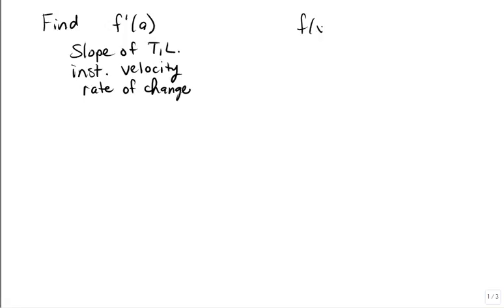Okay, so let's do a specific example. There's our function. We want to find f prime of a. Okay, so there are some steps here. First, we're going to do f of a plus h. So this says replace x by a plus h.